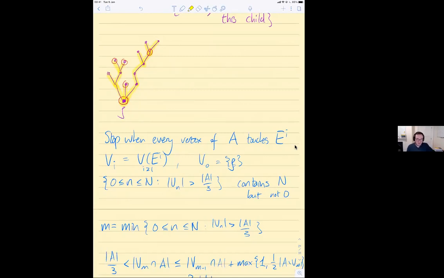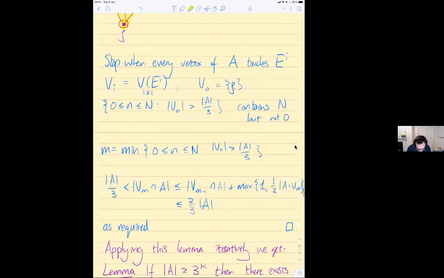Okay, so if you look at that first time that you've included at least a third of A in this set of incident vertices, the partition that you have at that time is going to be exactly what you want. Okay, so that's the proof.